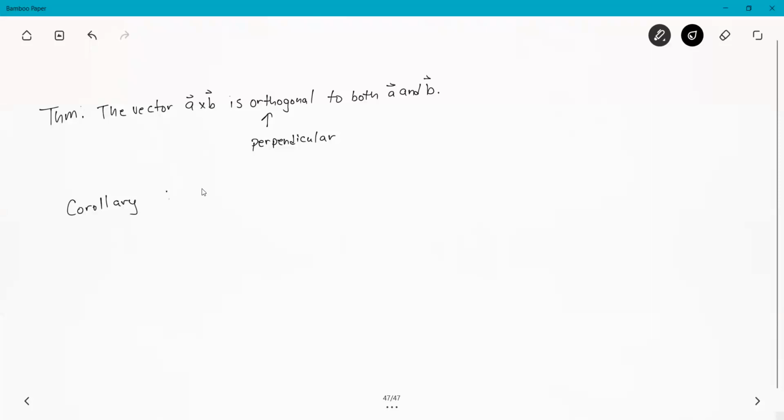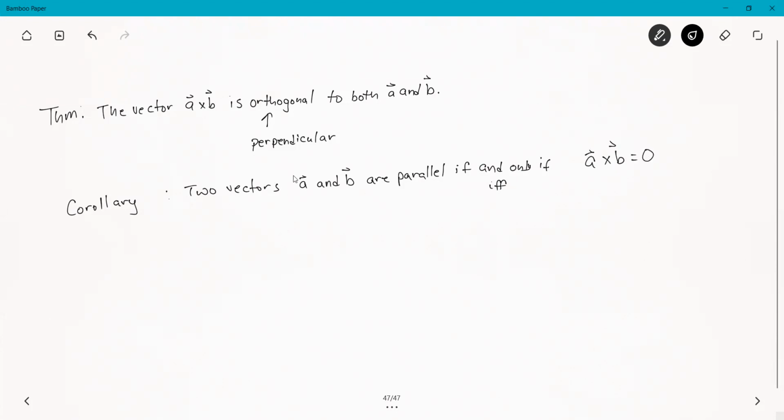All right, and here's the corollary. The corollary is two vectors, A and B, are parallel if and only if, and you'll sometimes see this written as IFF, if and only if vector A cross vector B is equal to 0.